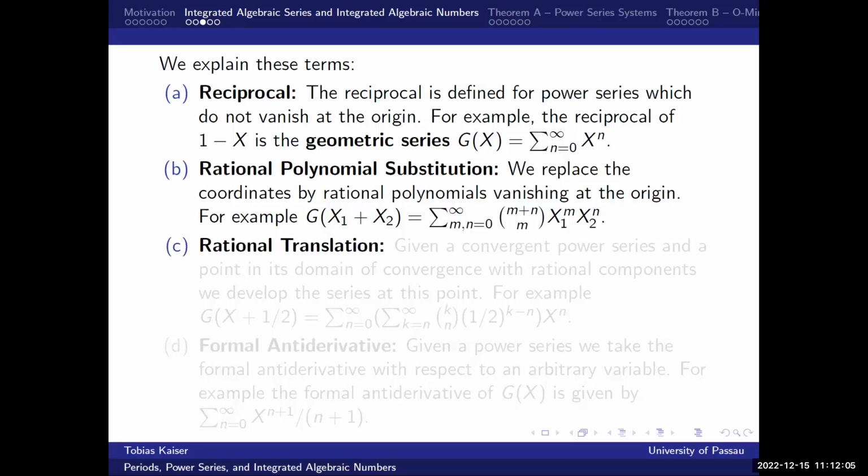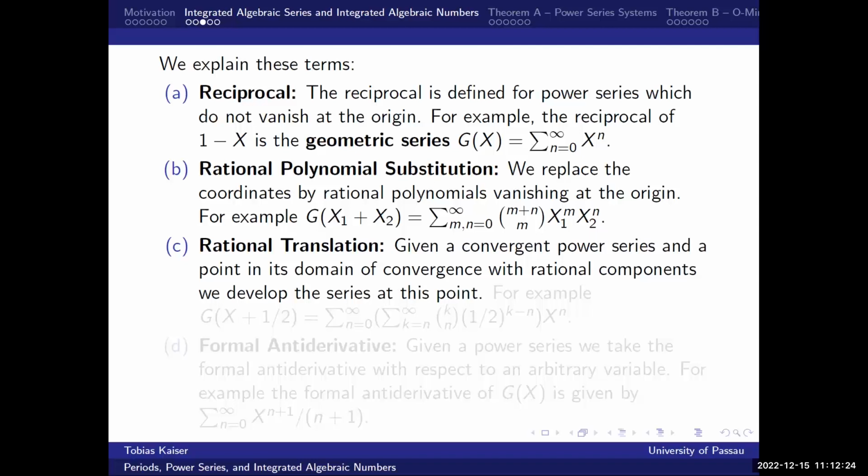Rational translation. Well, I have a convergent power series, and I know if I have a point in the domain, I can develop my convergent series at this point again in a power series.